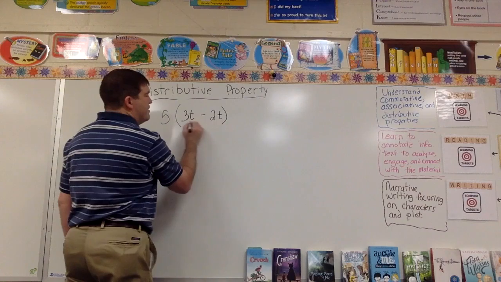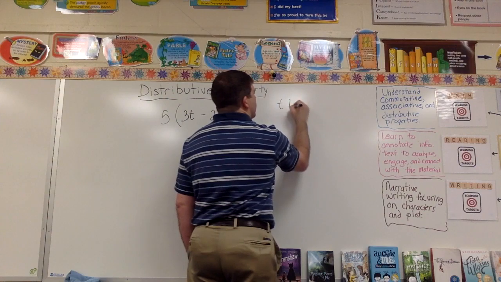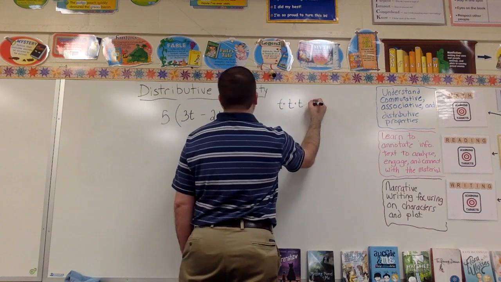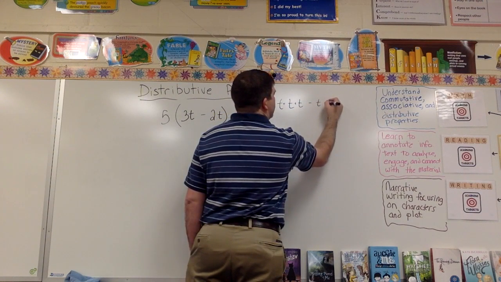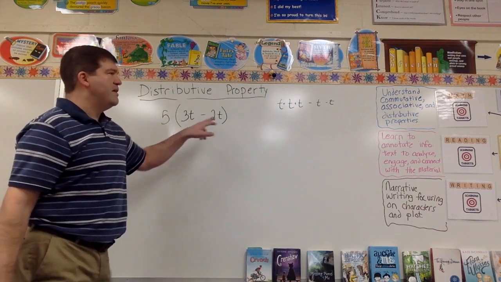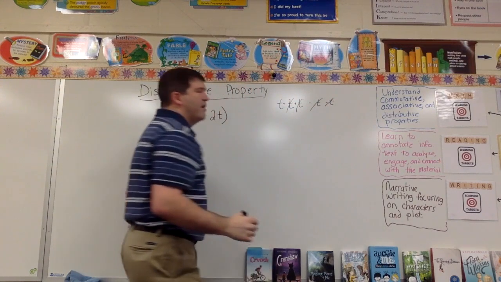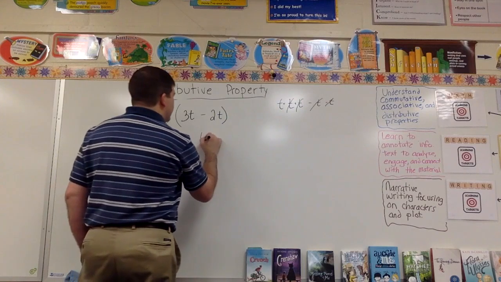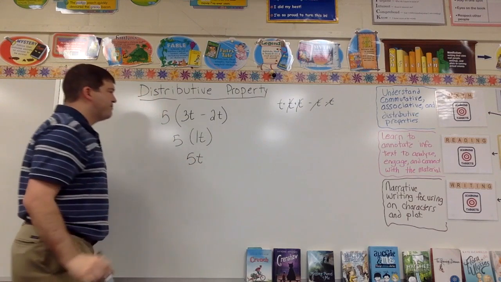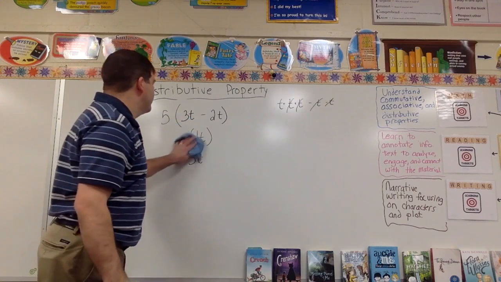These are like terms, so I could actually do this. 3t minus 2t. It's the same as, okay, there are my 3t minus that t and minus that t. So I'm taking away 2 t's, so this t takes away this t, that t takes away that t, I'm left with 1 t. Okay, so I could do 1t times 5, and that's going to be 5t. Okay, all right. So I can put these together because they're like terms.